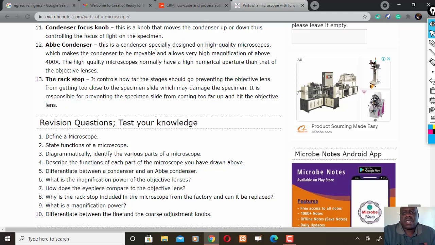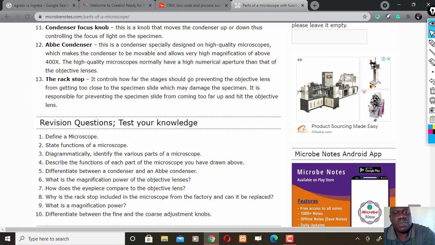What is the magnification power of the objective lenses? How does the eyepiece compare to the objective lens? You may also want to ask yourself, why is the rack stop included in the microscope from the factory, and whether it can be replaced. Then what is a magnification power? Then from there probably you may want to differentiate between the fine and coarse adjustment knobs.